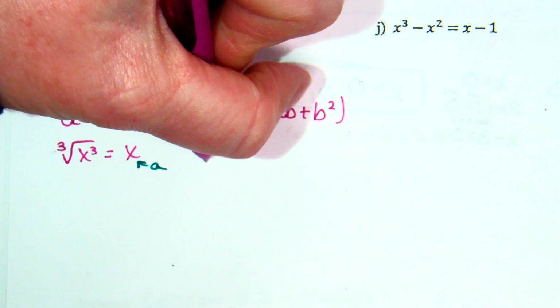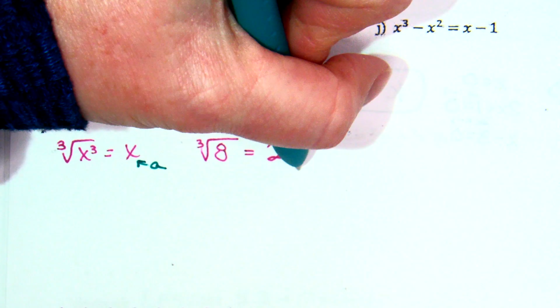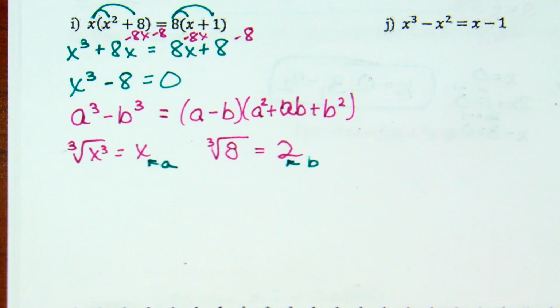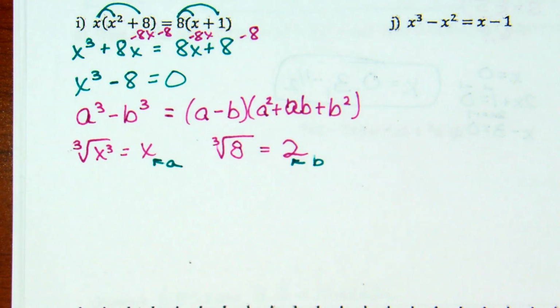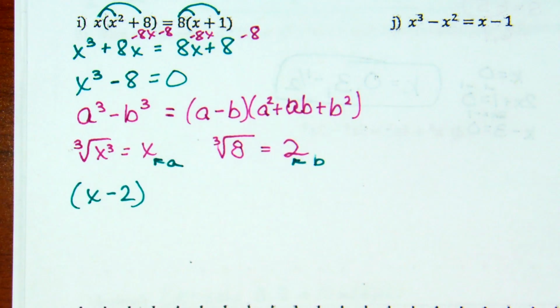Okay? Ready to set up the factoring? A minus b. So, what's a minus b? X minus 2. It's the cube roots, right? Second parenthesis. A squared. So that's going to be x raised to the power of 2, which is x squared, plus ab.